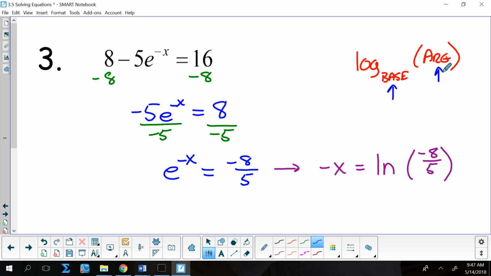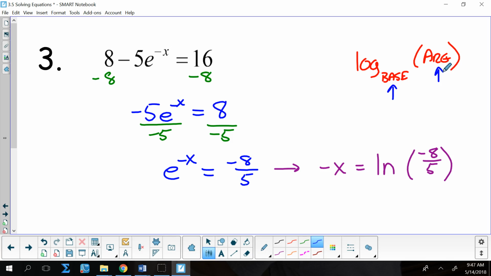E is a positive number, right? 2.7181828926, something like that. You're asking, what exponent can I put on a positive number and get a negative result?